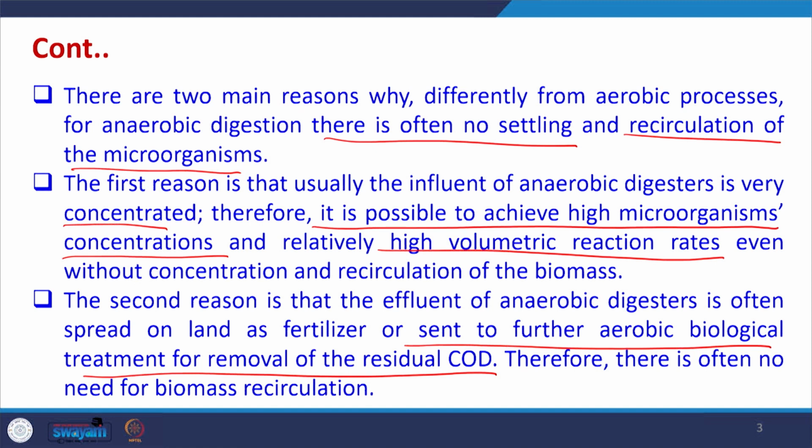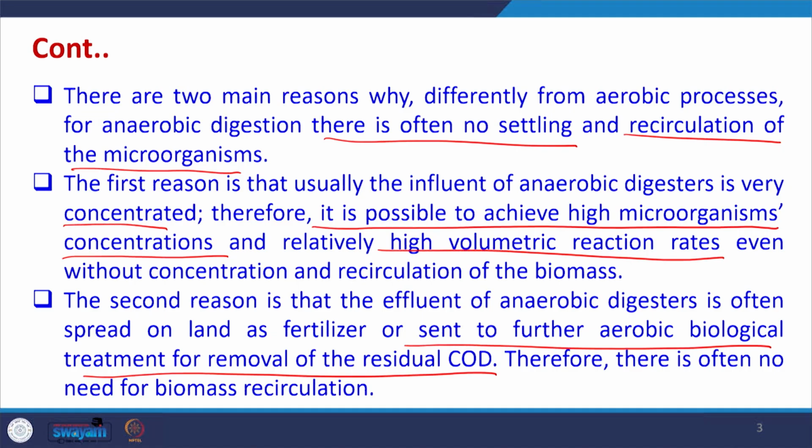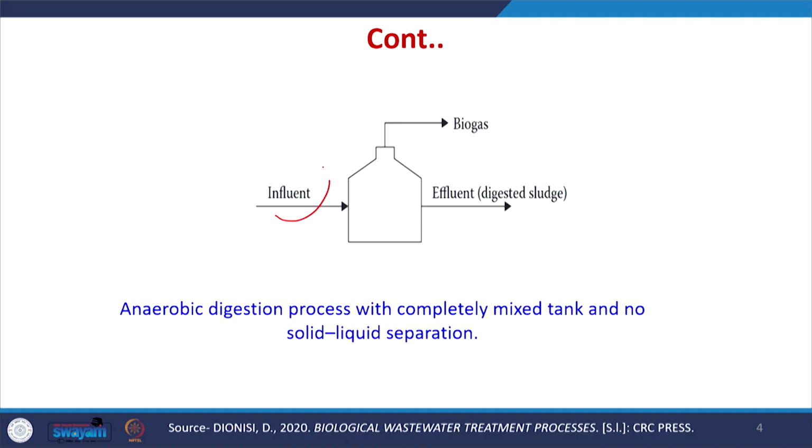The treated wastewater after this can also be used as a fertilizer, for irrigation, etc. So, these are the reasons that in anaerobic treatment systems we have no settling and no recirculation of the microorganisms. We have effluent coming out, the digested sludge going out, and the biogas which is generated, which is used.